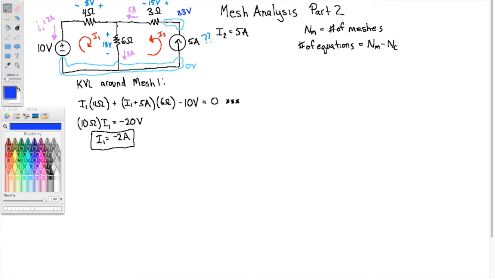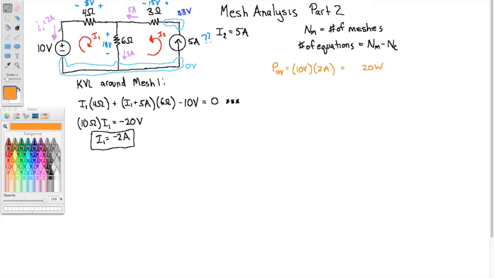So now we're ready to find the power in each component. Let's do that. So the power in the 10 volt source is the voltage across it, which is of course 10 volts, times the current through it. The current through it is 2 amps. So that is 20 watts of power.